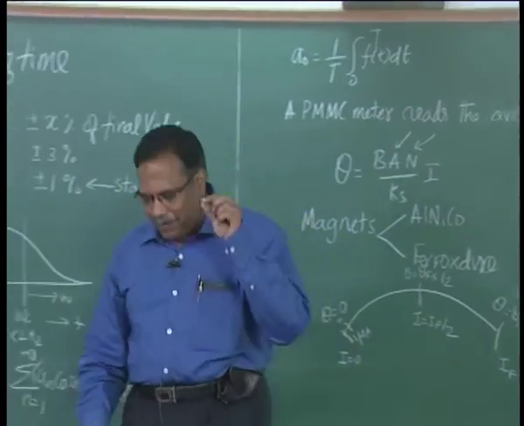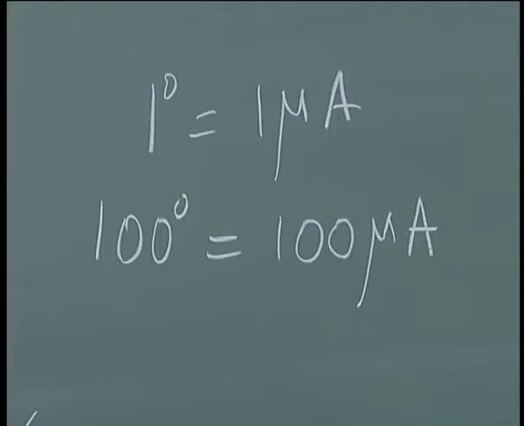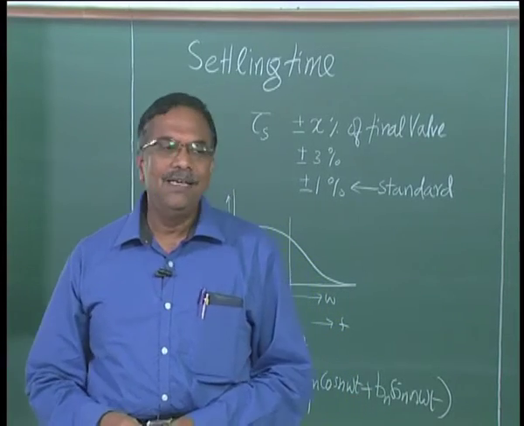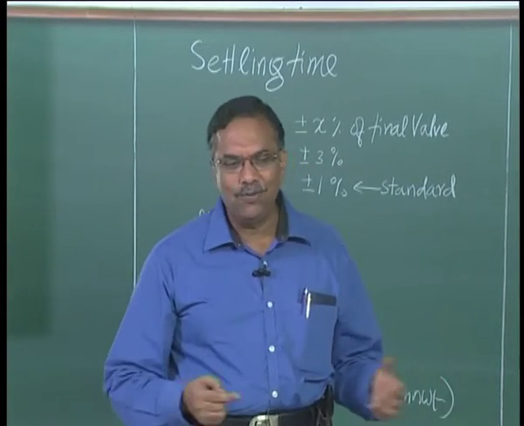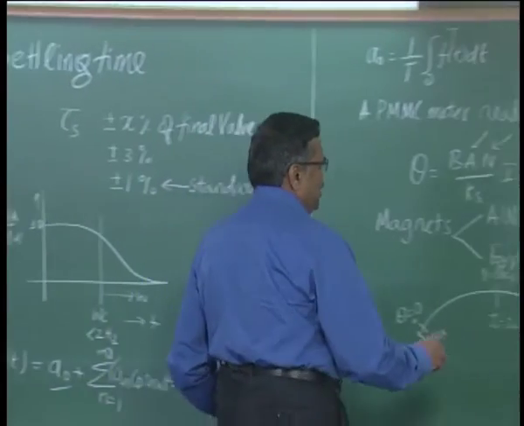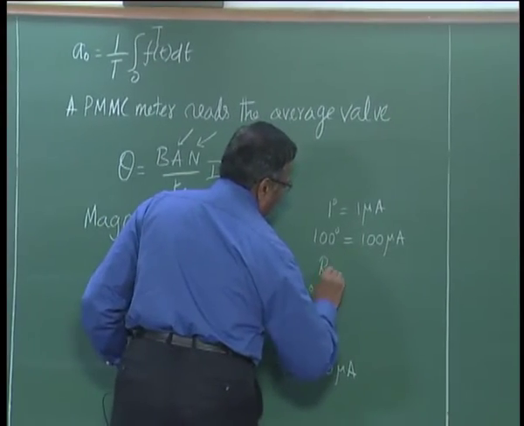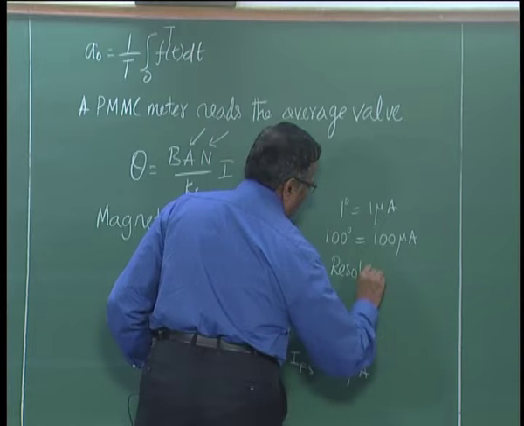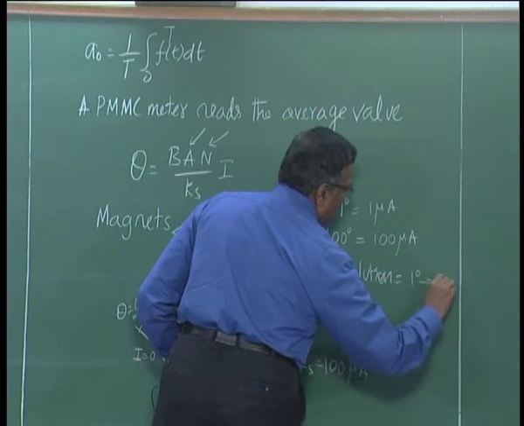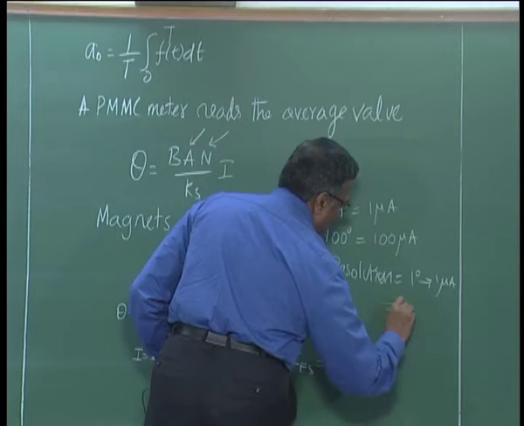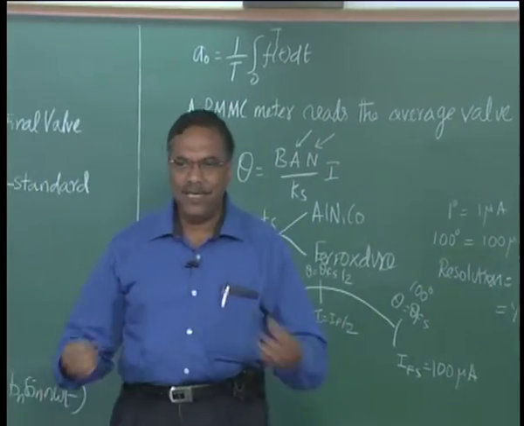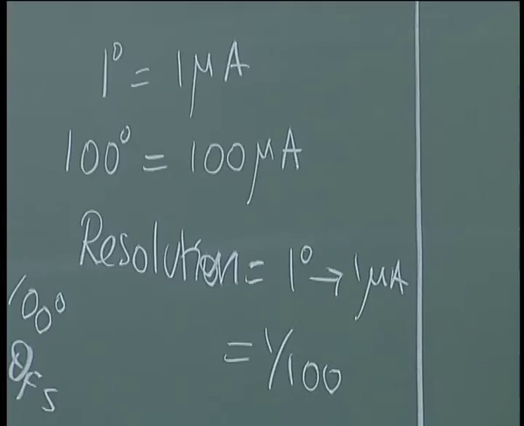So if I mark the scale in 1 degrees, my resolution becomes 1 microampere. The least value I can read would be 1 microampere. So my resolution is one degree, which is equal to 1 microampere, or I can also say 1 by 100. 1 microampere is the resolution, 100 microamperes is full scale.